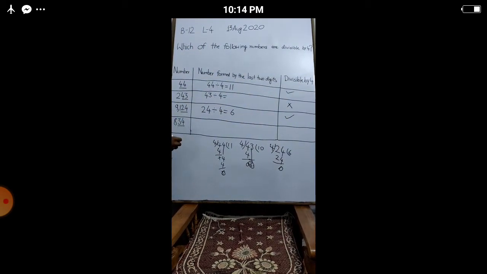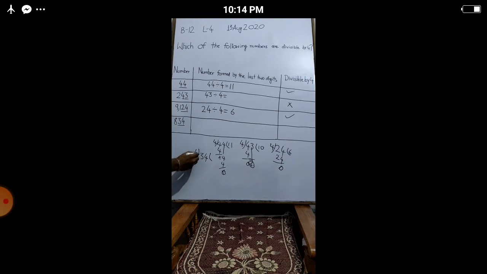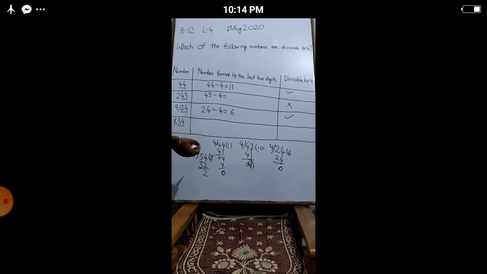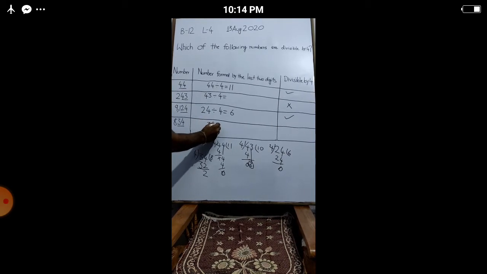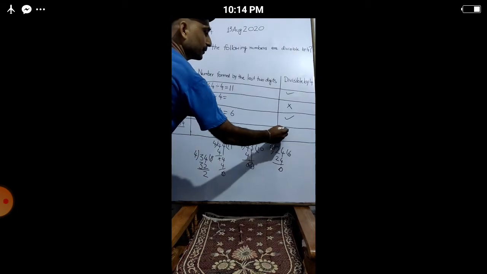Then the last number, 834. Check 34 divided by 4. 4 eights are 32. Here 2 remains, so it has a remainder, so 834 is not divisible by 4.